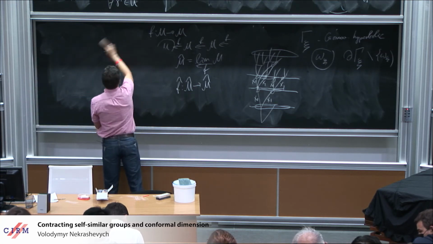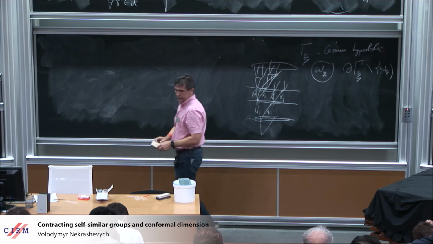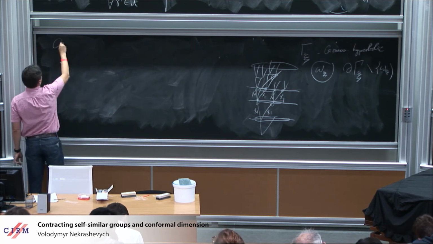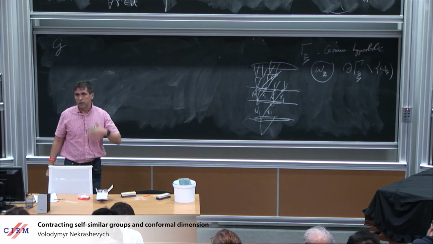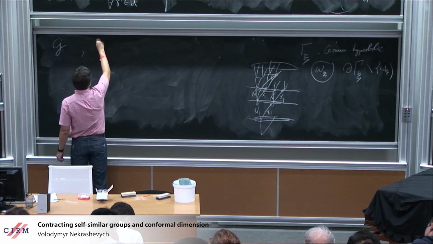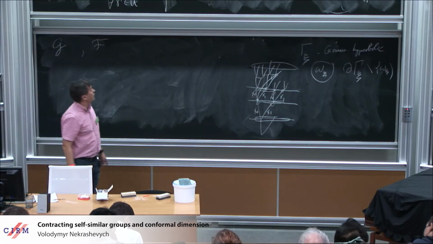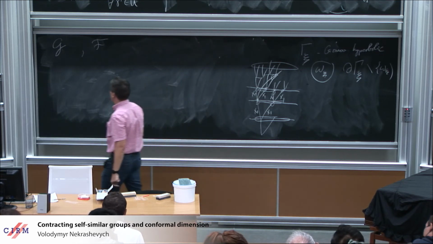So we have two groupoids. One groupoid is what I defined at the beginning of the lecture, the groupoid defined by paths. Another groupoid is the groupoid of germs generated by the expanding maps.